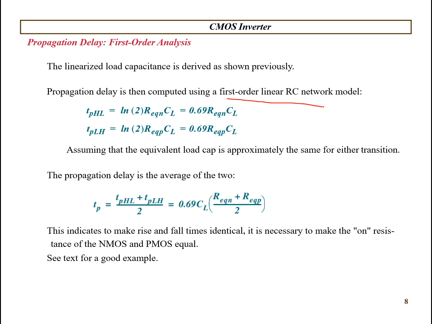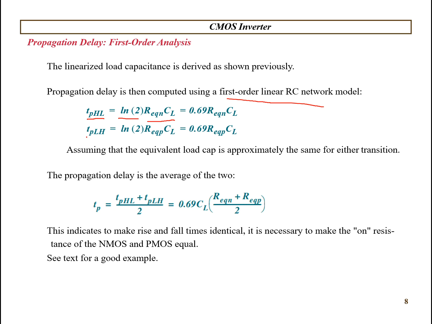As it is an RC network, generally for any RC network the time delay is 0.69 RC. This is derived here, and the propagation delay from high to low is ln 2 times R equivalent of NFET into load capacitance. So this is equal to 0.69 R_eqn CL.